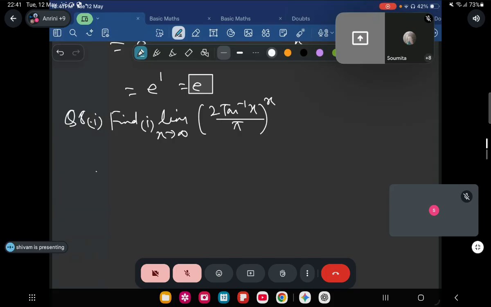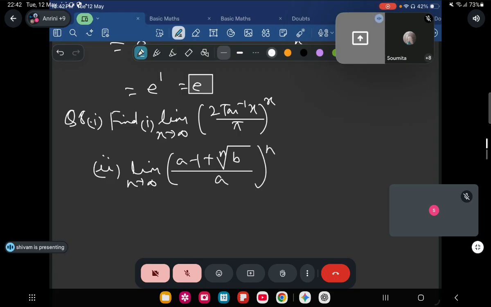Part 2: limit n tends to infinity, (a minus 1 plus nth root of b by a) whole to the power n, for a greater than 0, b greater than 0, and n belongs to natural numbers.